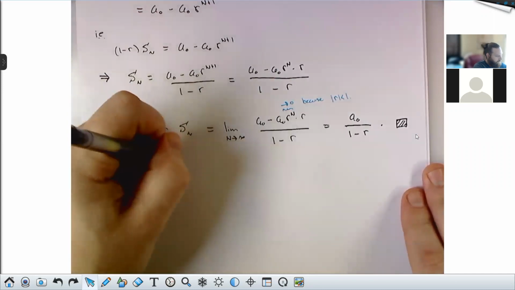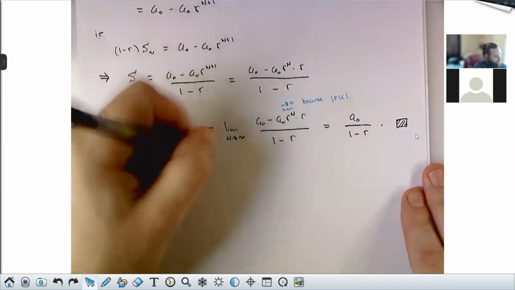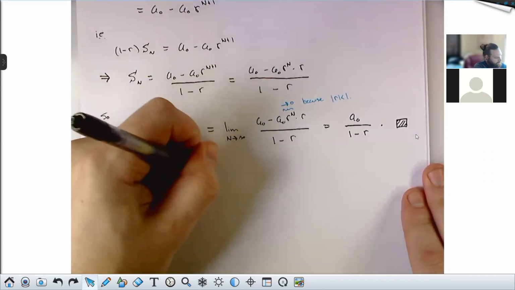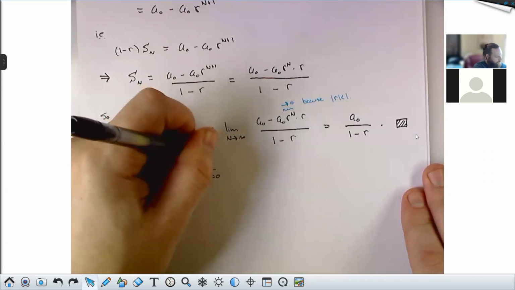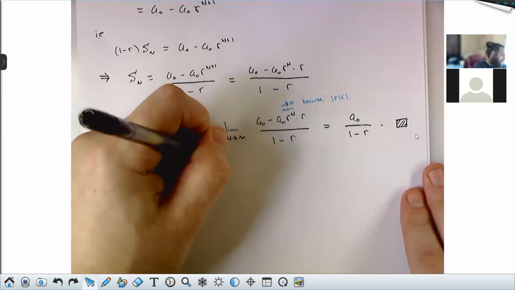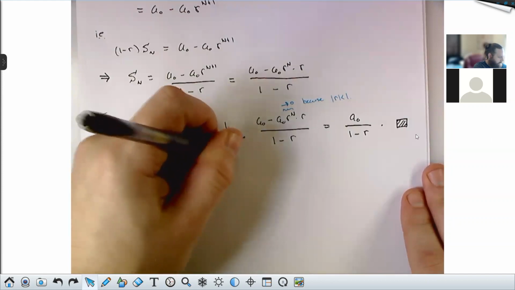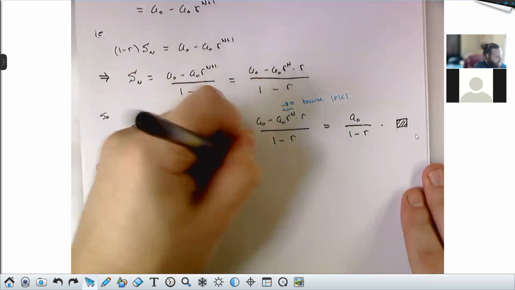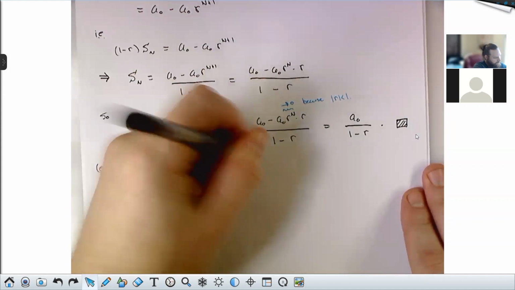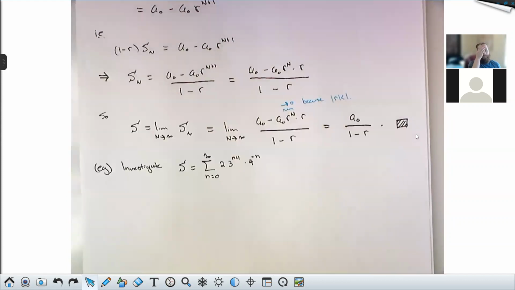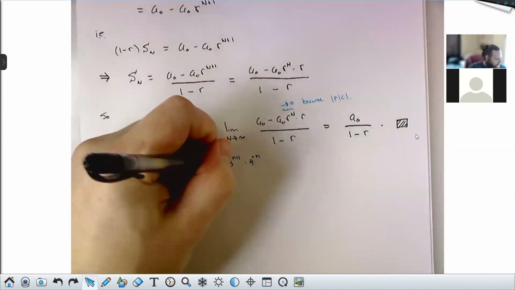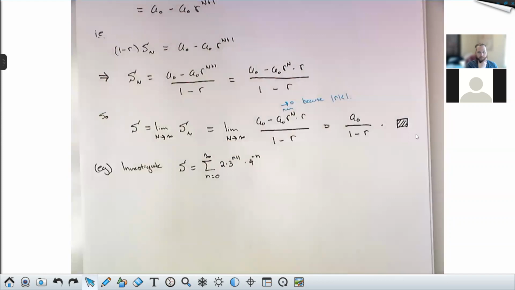Let's investigate the series S equals the sum from n equals 0 to infinity of 2 times 3 to the n plus 1 times 4 to the negative n. So that's multiplication.